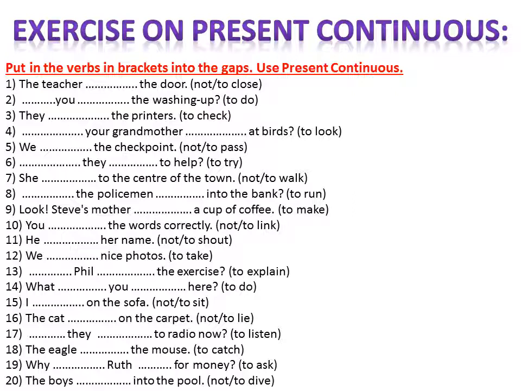To form the present continuous, we start with the subject, then the verb to be in the present, am, is, are, plus the gerund. So we use the subject, am, is, are, plus the verb plus ing.